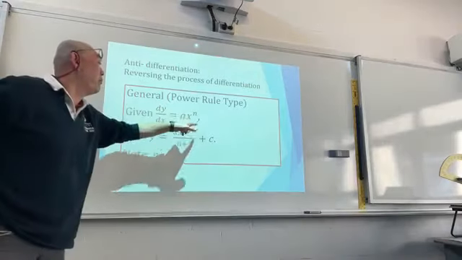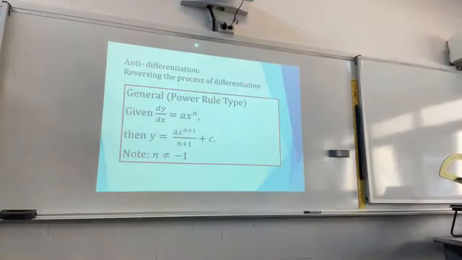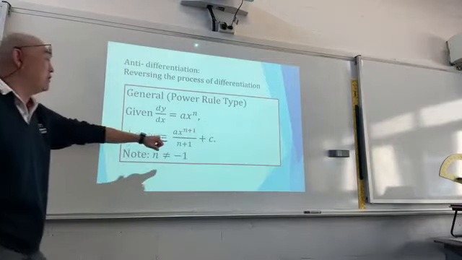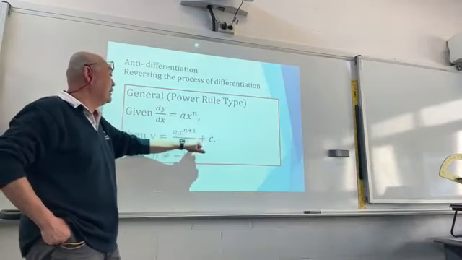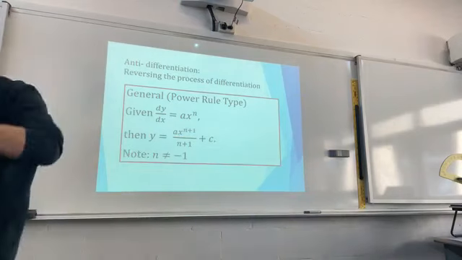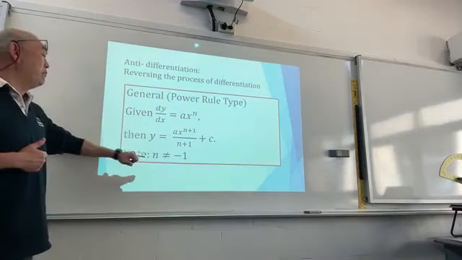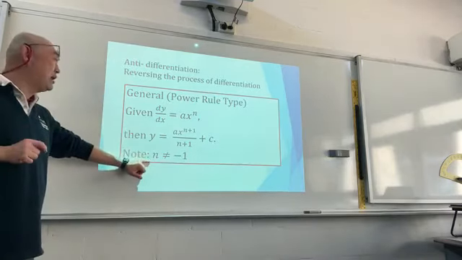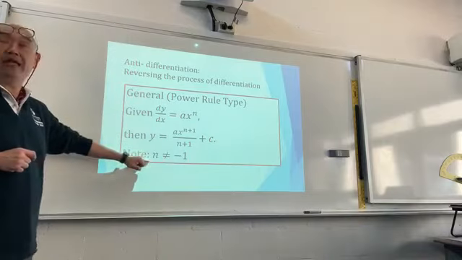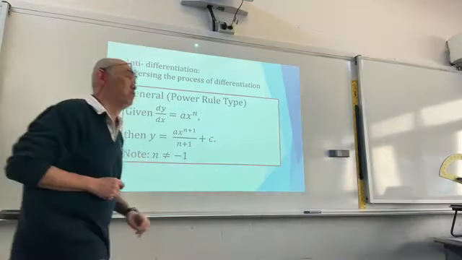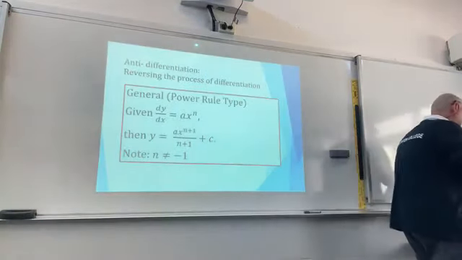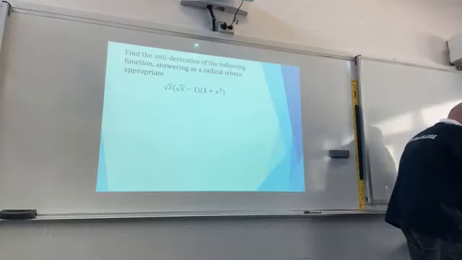You increase the power by 1 and divide the whole term by the new power, and then plus c. Plus c is important because we don't know where the graph is. Just remember that at this stage, we can't use the power rule if n is minus 1. You will learn that next year, not now.